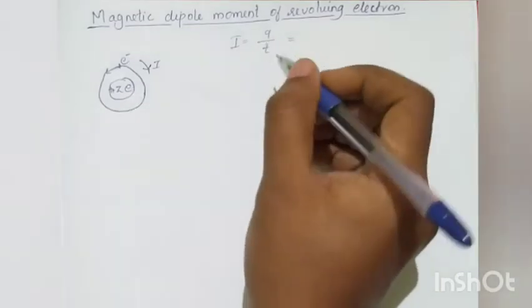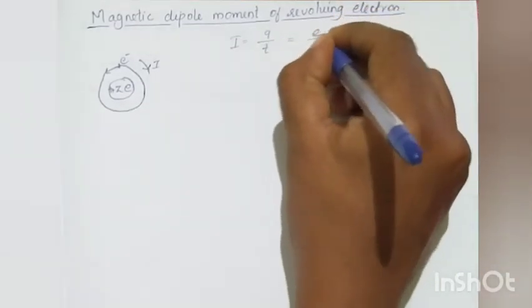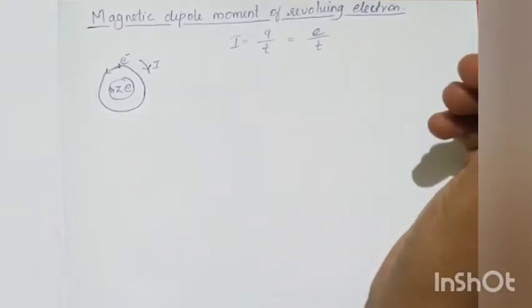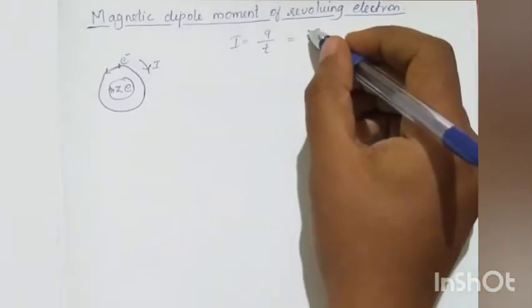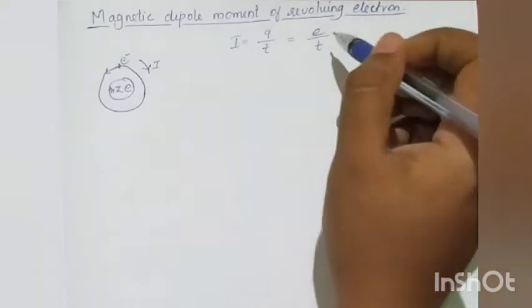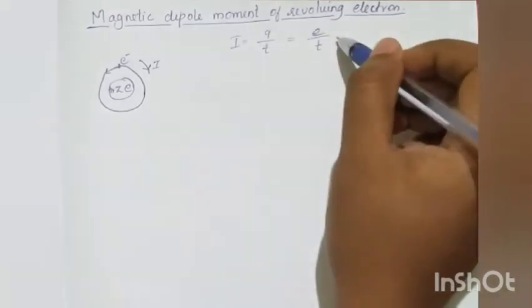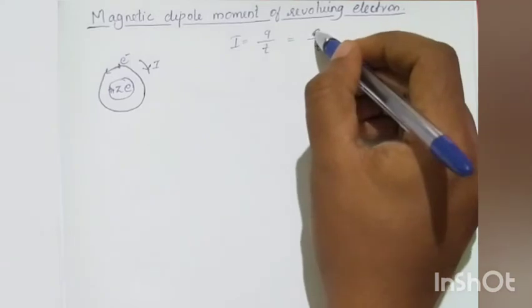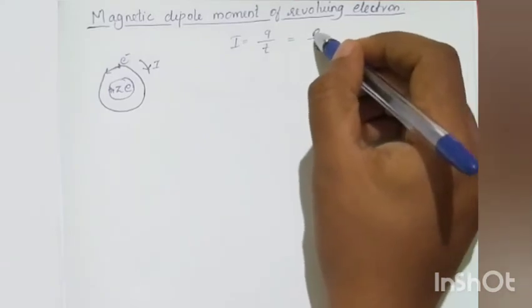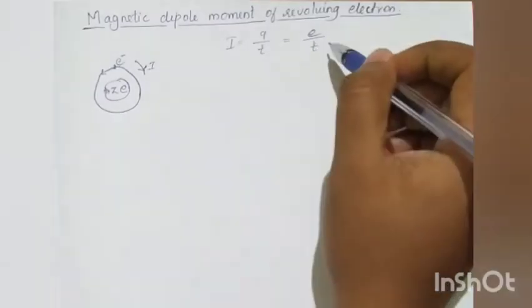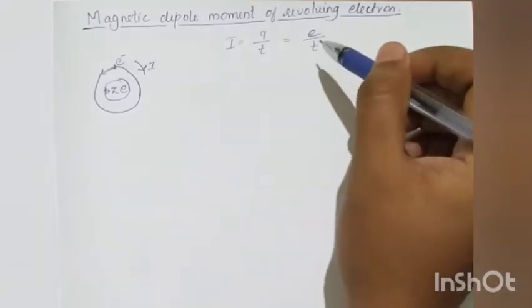Therefore, the current expression is written as e by T. Why here is the charge taken as positive? The direction of motion of charge and the direction of current are opposite. That makes minus e by T as e by T. Thus the current produced here is e by T.